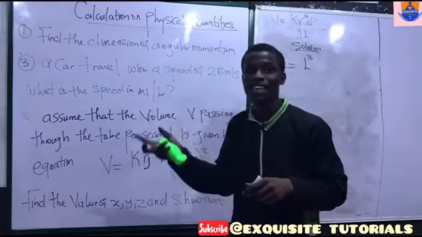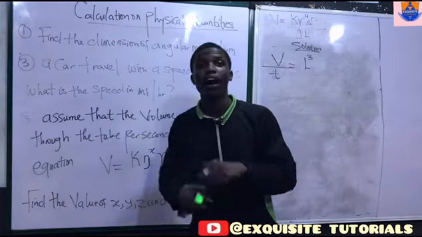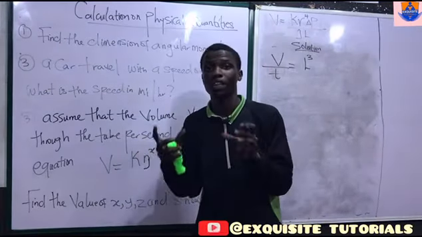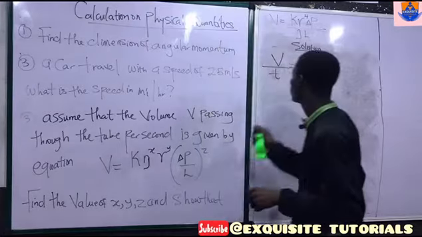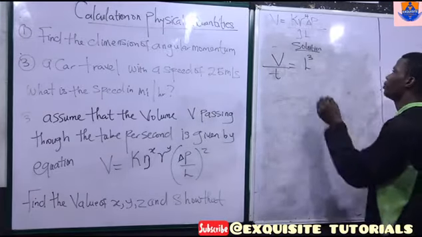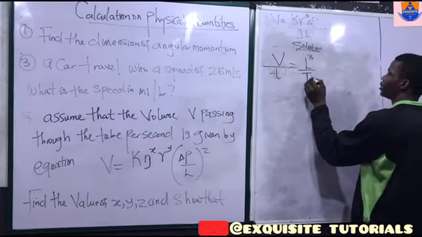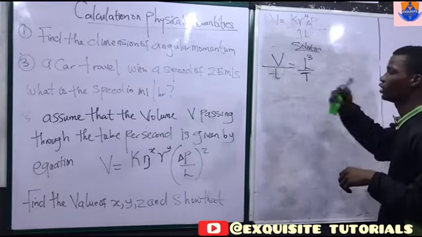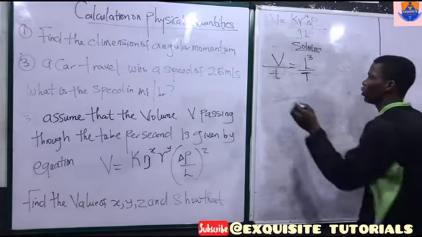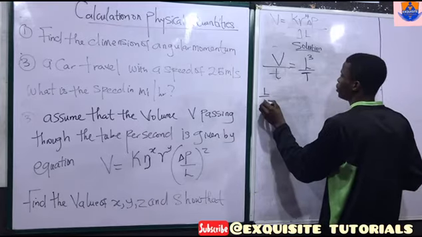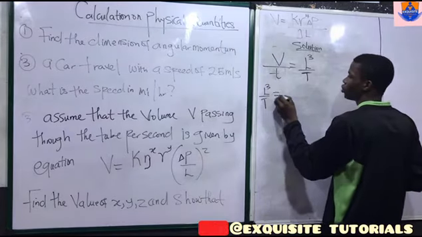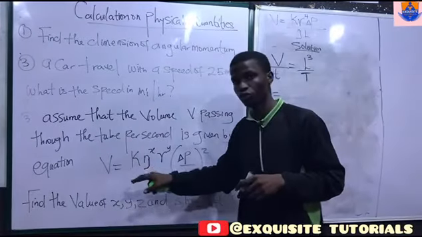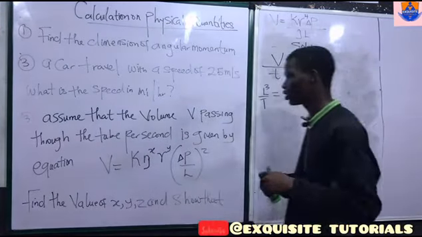Length, breadth, and height are all distances between points, so they are all referred to as length. So I can just give it L raised to power 3 divided by t. So V is L cubed over t. I don't need constants while solving first of all, so I will remove my constant.